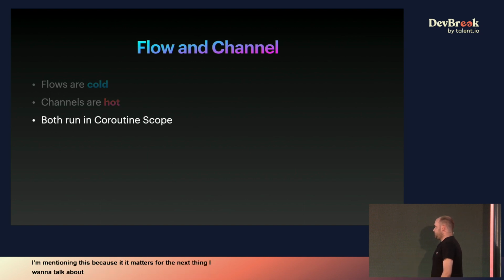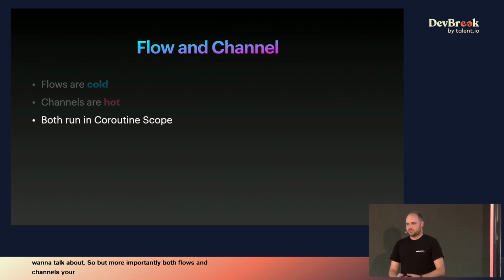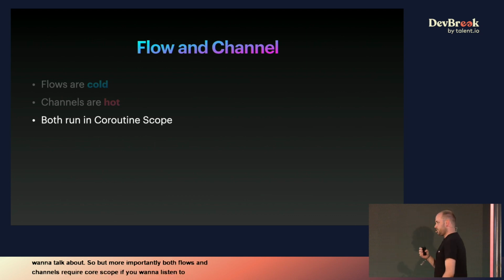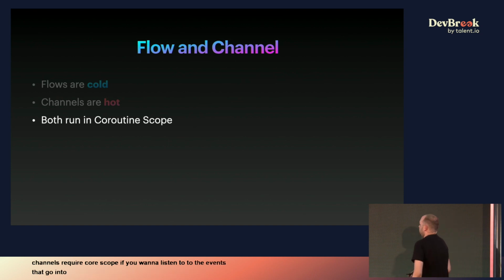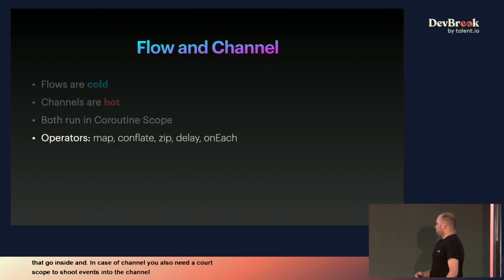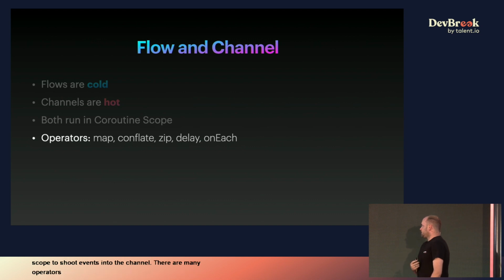But more importantly, both flows and channels require a coroutine scope if you want to listen to the events that go inside. And in case of channel, you also need a coroutine scope to shoot events into the channel. There are many operators, like map, conflate, zip, delay on each.